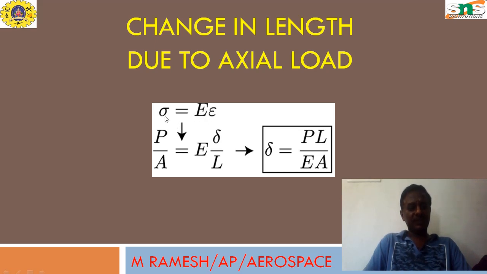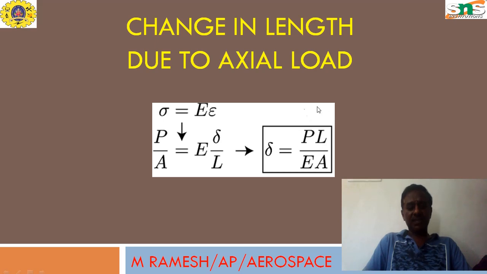Stress is defined as load by area, strain is change in length by the original length, and Young's modulus as it is. From this we can get delta L equals PL by AE, where P is the applied load, L is the length, A is the cross sectional area, E is the Young's modulus.